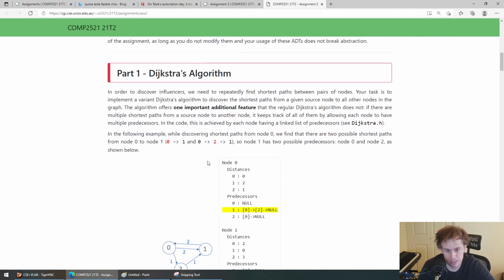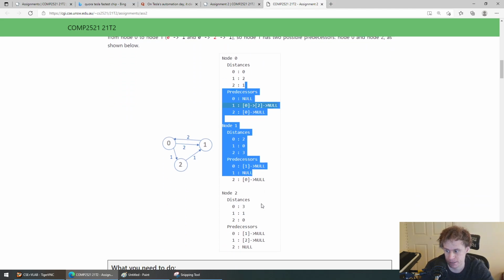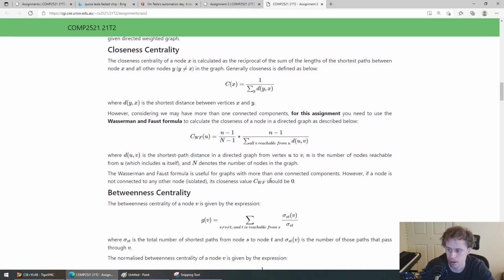The examples in lectures were all where there was a distinct shortest path, whereas if you have multiple shortest paths, you need to do Dijkstra with that addition.